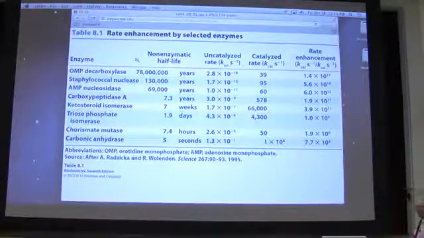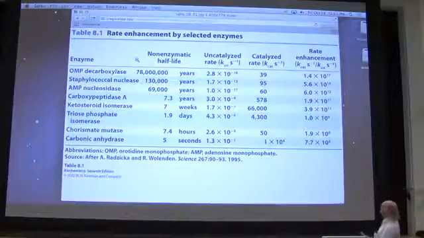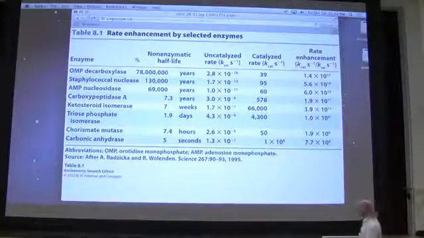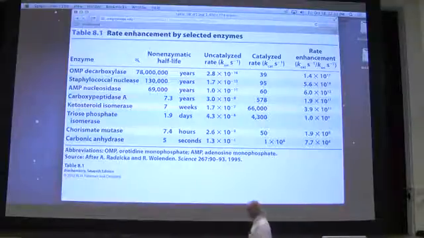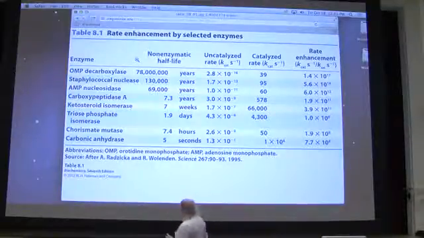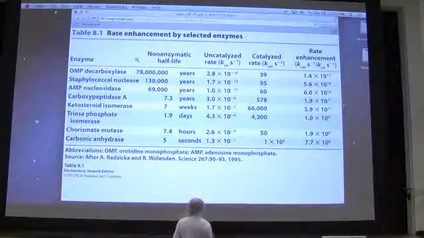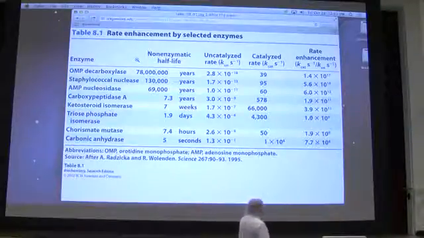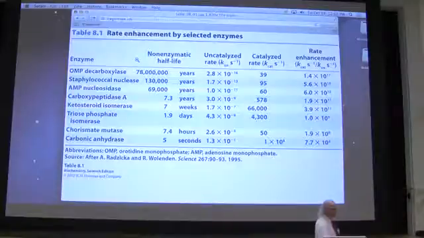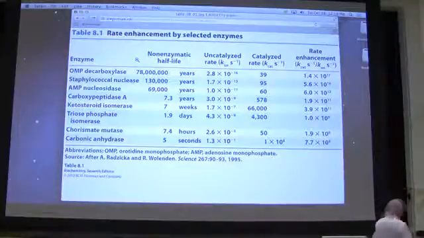There's other things about enzymes that are hard to get your head around. We'll talk more about this column over here later, but I want to show you something about the last enzyme on the list, carbonic anhydrase. Carbonic anhydrase catalyzes a reaction that normally doesn't take that long to go through, but look at how many molecules of product it makes per molecule of enzyme per second. What does that mean?